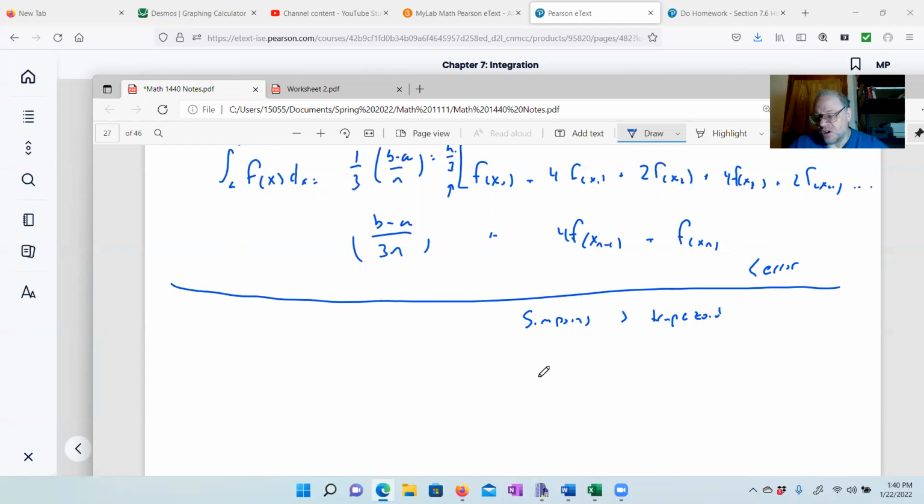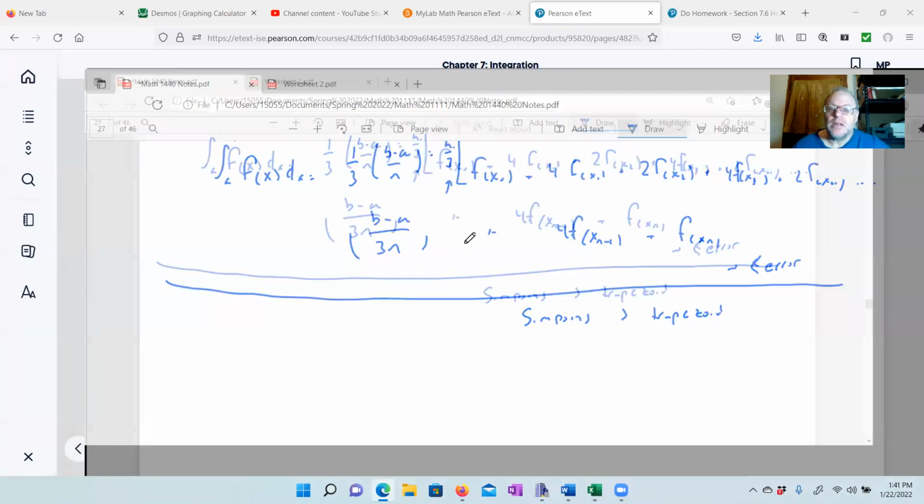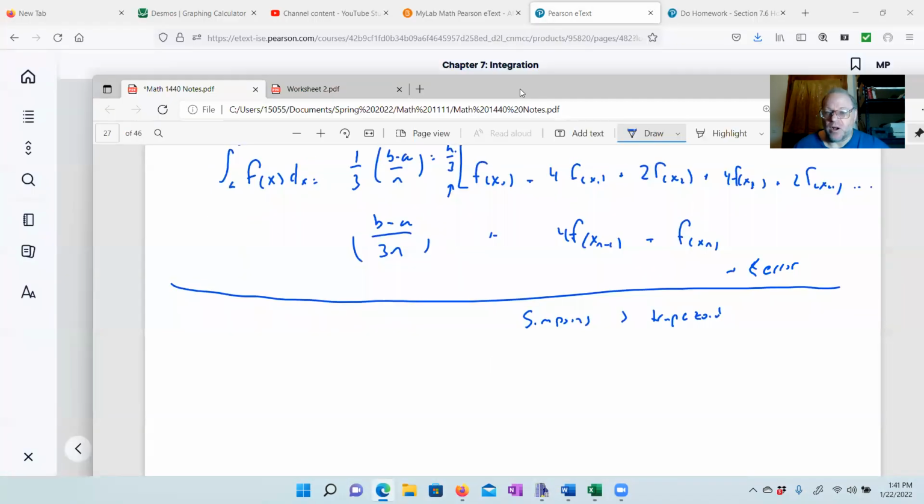But when you go off and do experimental data, you may not know, but you might want to pick an n so that your error is only going to be so large. So that's what this exercise is for. So that's where we are.